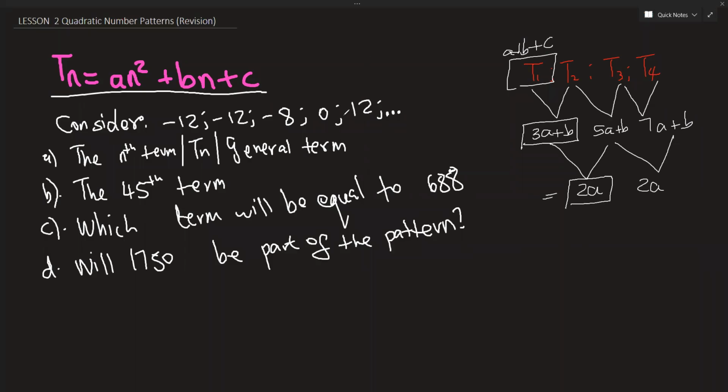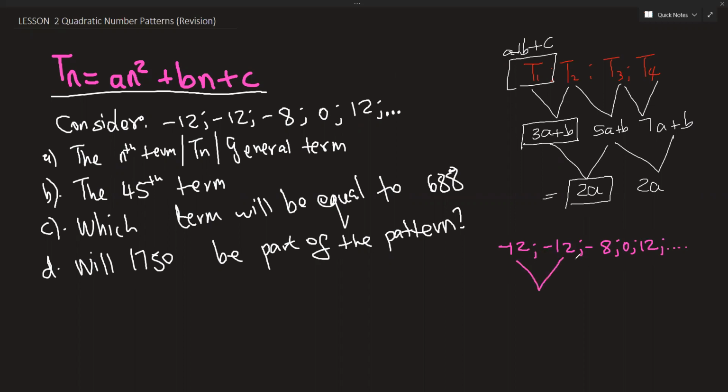Let's consider the following question. They say consider -12, -12, -8, 0, 12. Before I even read the questions, I'm interested in knowing what kind of pattern it is.